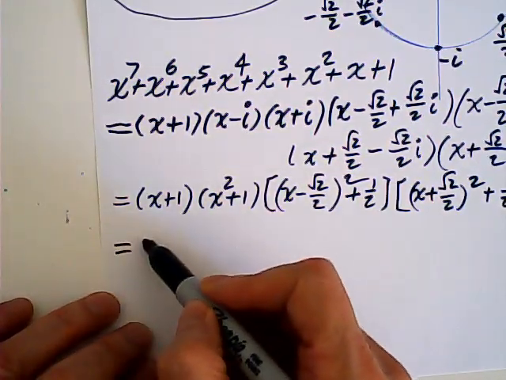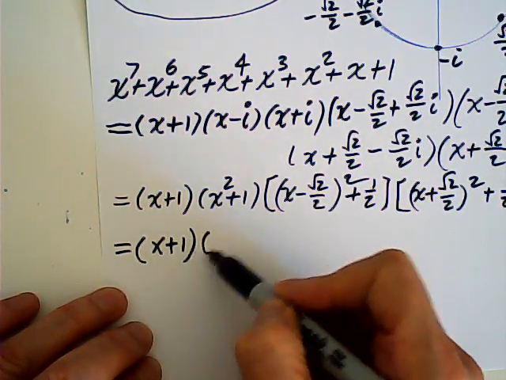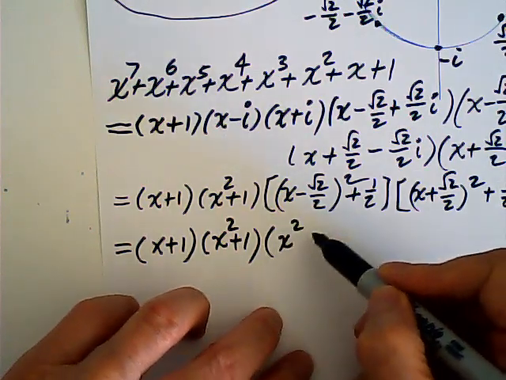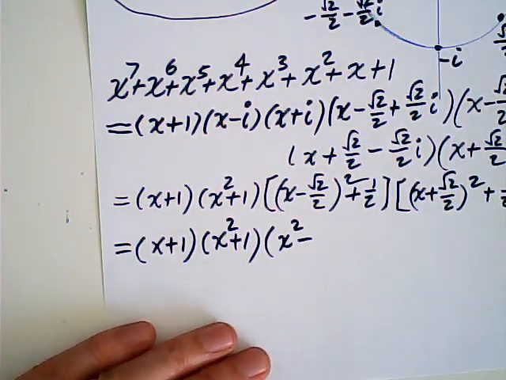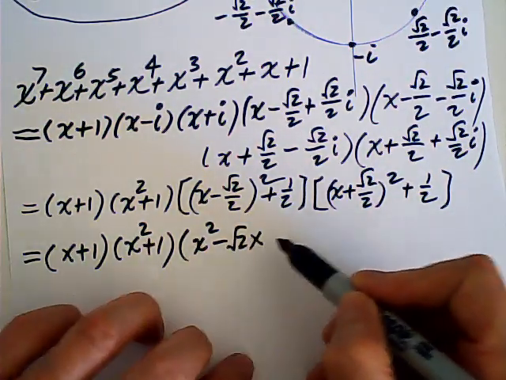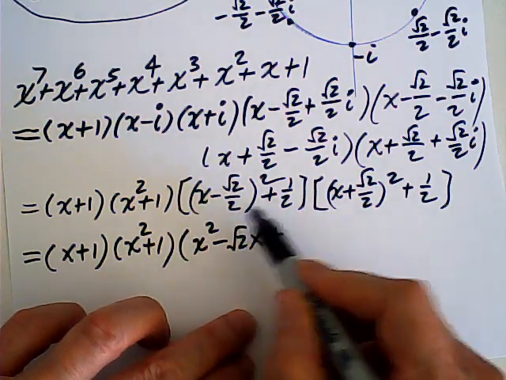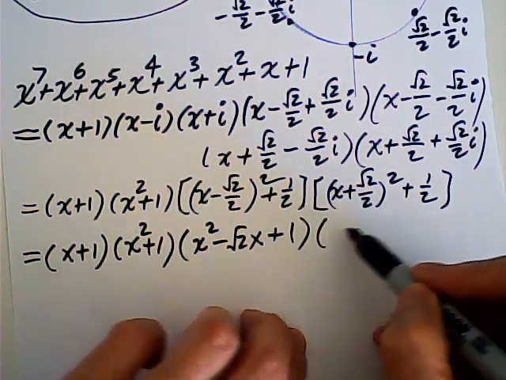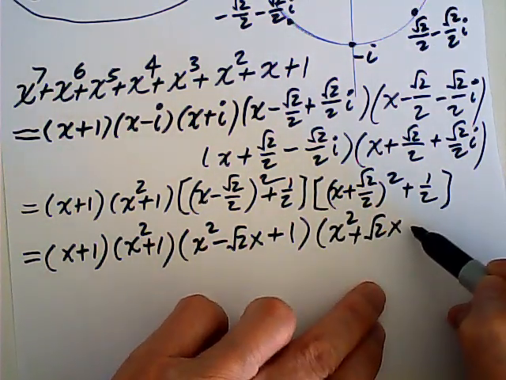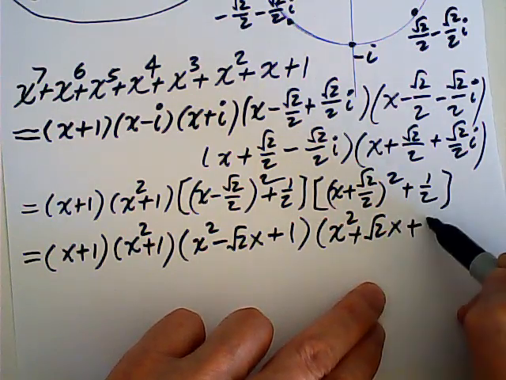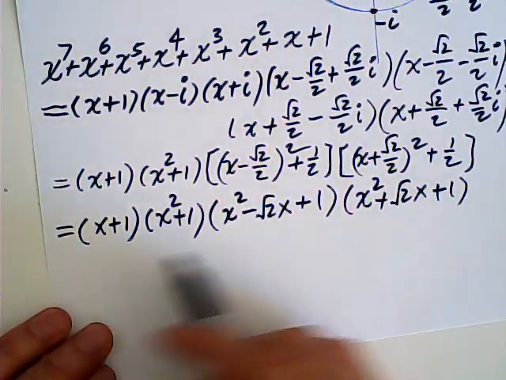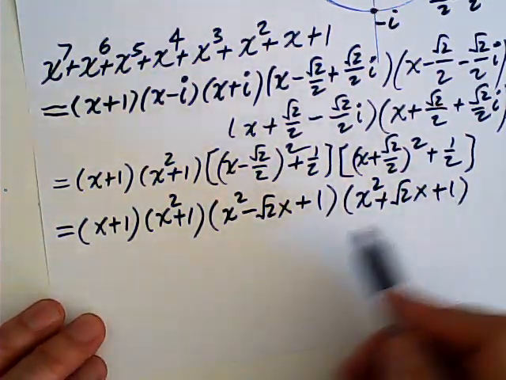Okay, then we simplify into x squared plus 1, and this one will be x squared minus root 2 x, right? Plus half plus 1. This is x squared minus root 2 x plus 1, and x squared plus root 2 x plus 1. See? So we have all four factors, without complex numbers.